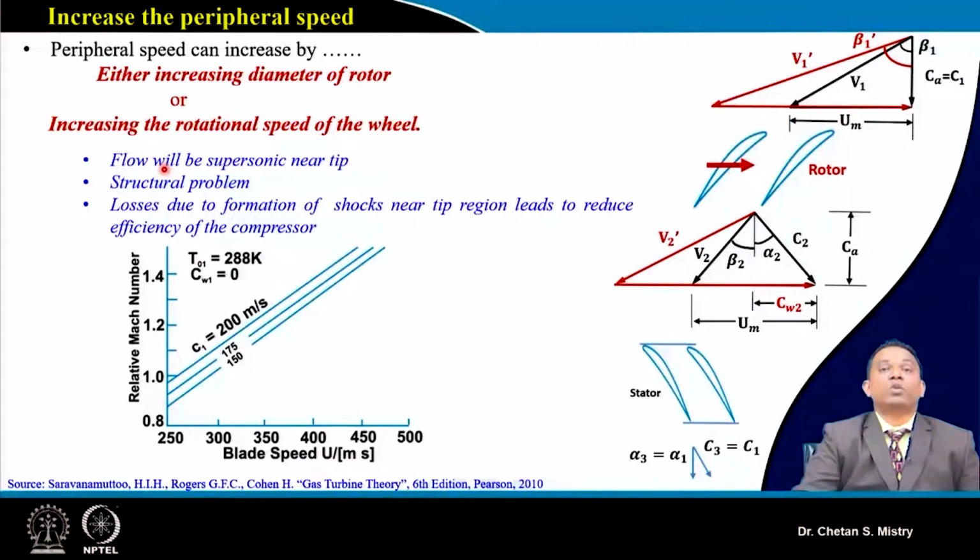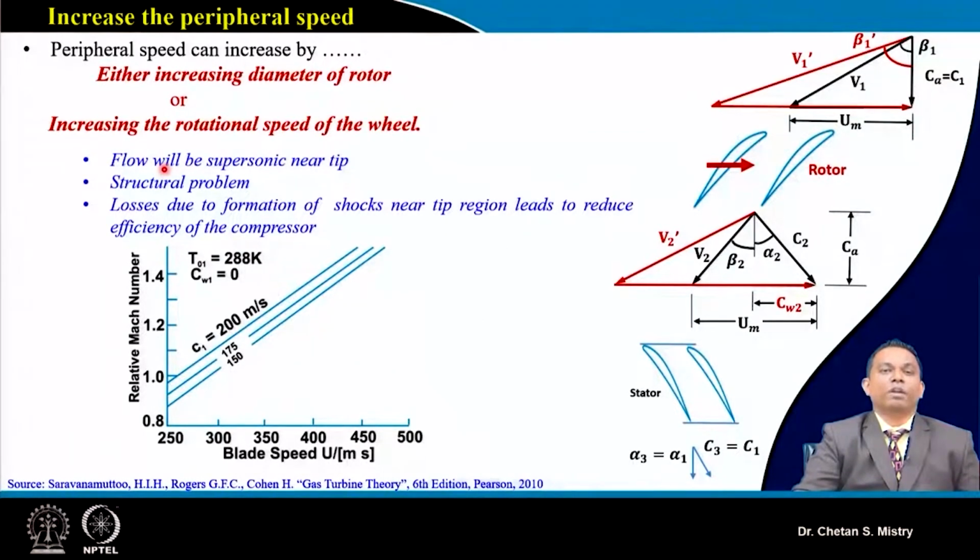That means it is going to increase the losses. Our aerodynamic losses are going to increase, which gives a penalty in the sense of efficiency being reduced. Secondly, there is the aeroelasticity problem.